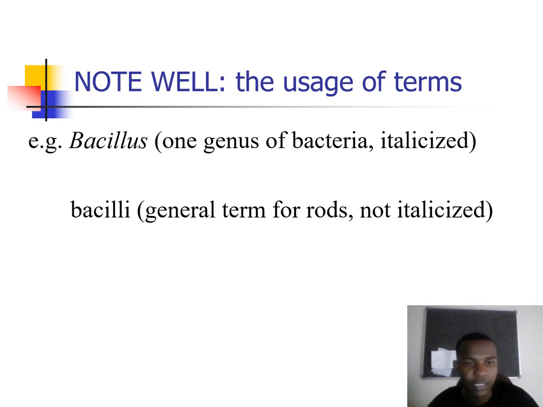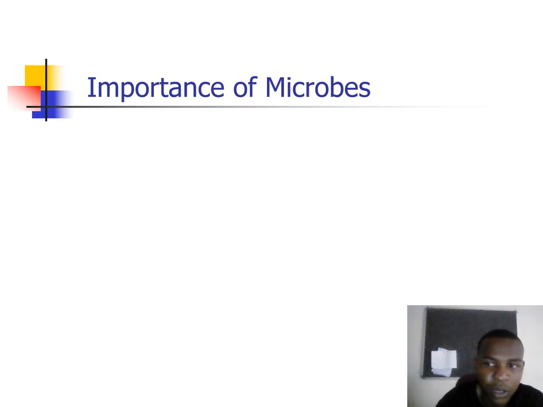Look, Bacillus is one of the genera of bacteria. Bacilli is a general term used for what? For rods. But when you name them, you use the genus and the species. So from the name given, you can see that Streptococcus is a cocci. Bacillus megaterium, you can see that that's a bacilli.